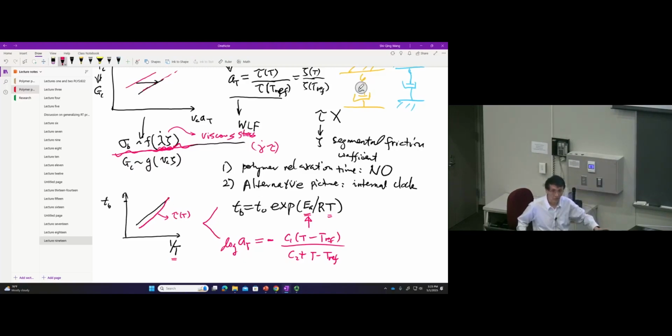So as you go to lower temperature, the time grows, for the bond breaking as well as for your polymer relaxation. The discrepancy, as I try to draw between them, is the discrepancy of not perfectly being able to produce a master curve. But the discrepancy may or may not be very large between them.